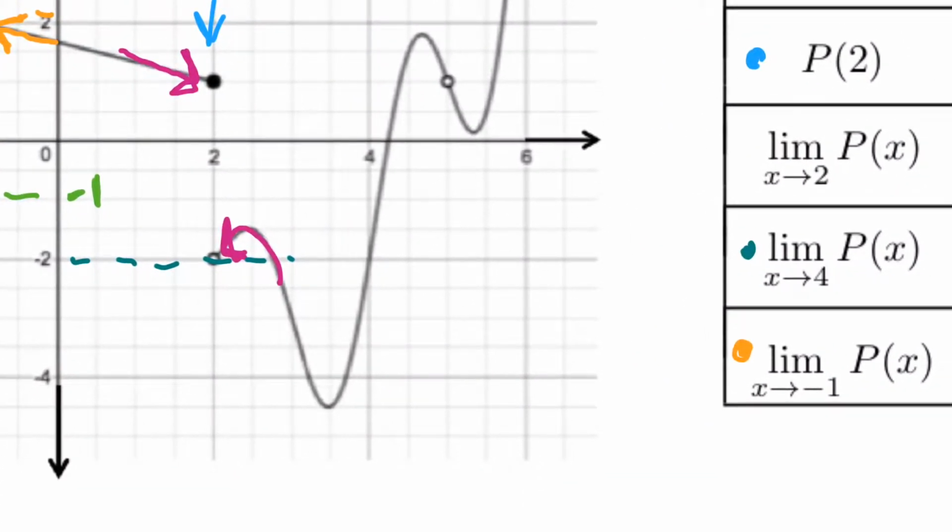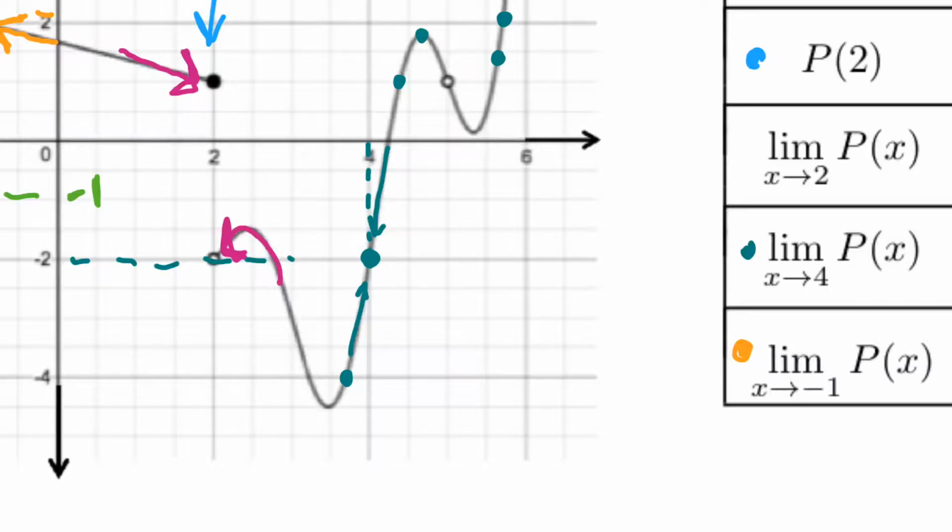So when you have the whole graph, you can see that it actually hits here, so you could draw your own dot in there. And then you can see that it approaches this way and then it approaches this way. Because there's no hole in the graph, because it's one solid line, anywhere that there's a solid line, you can draw solid dots on because those are all defined parts of the function.